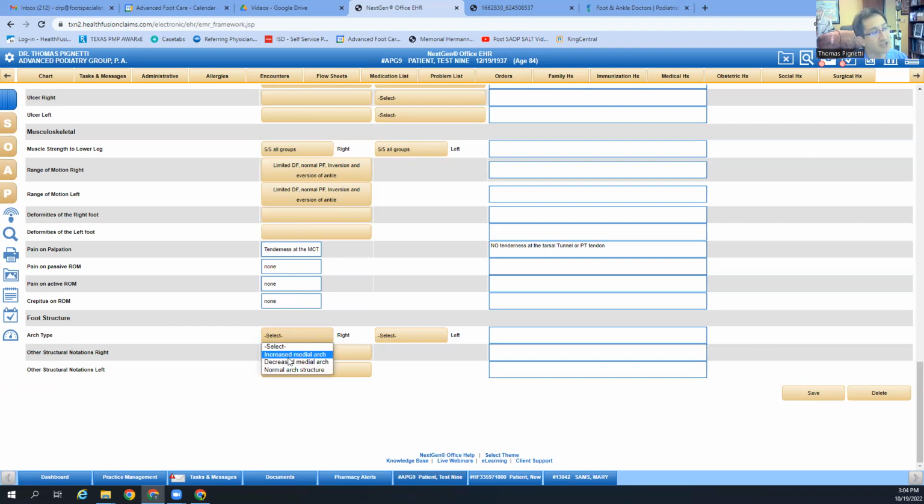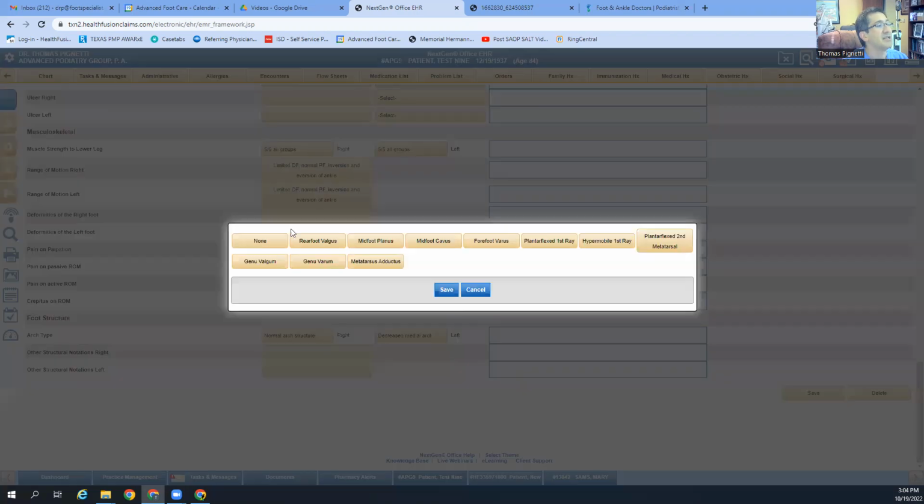And then arch type. Increased, high arch, decreased arch, normal arch. Let's say the right is normal. Let's say the left is decreased. And then other structural modification. So if they have rear foot valgus, that's where the heel kind of goes that way. Rear foot varus is that way. Midfoot planus is a really flat foot.